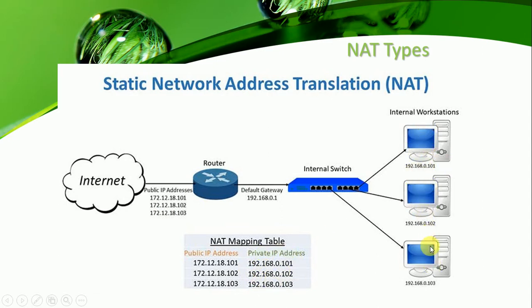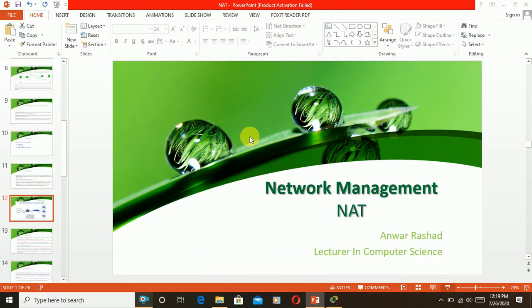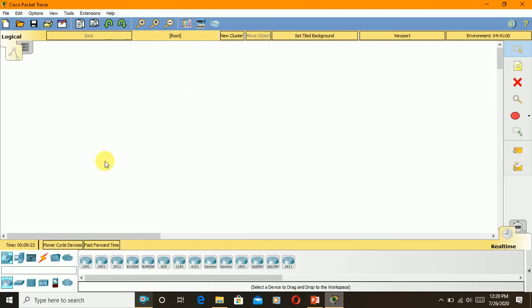In a NAT table, this private IP address 102 has been translated to 102, 103 has been translated to 103, and it is always translated to the same IP address. Now we are going to see how it is configured in Packet Tracer.